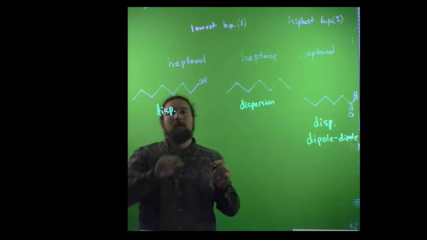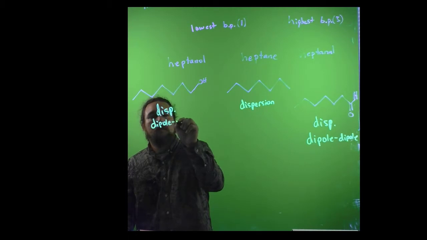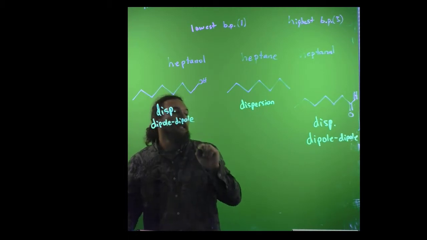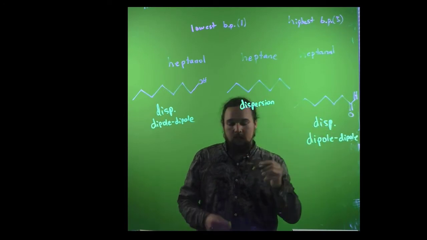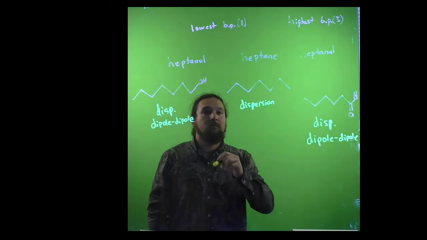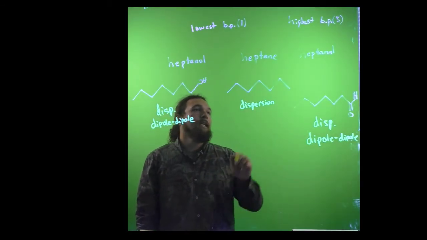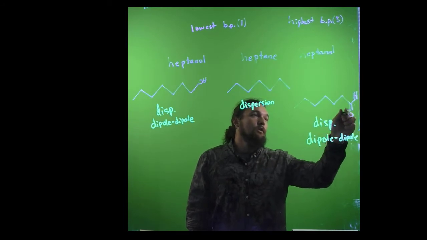Once again, we have a carbon-oxygen bond, so we have dipole-dipole forces. Now, the last intermolecular force that's present is hydrogen bonding, and hydrogen bonding is when you have an OH or an NH bond. Obviously, there's no O's here, so there's none available here. In this one, we do have O's and we have H's.